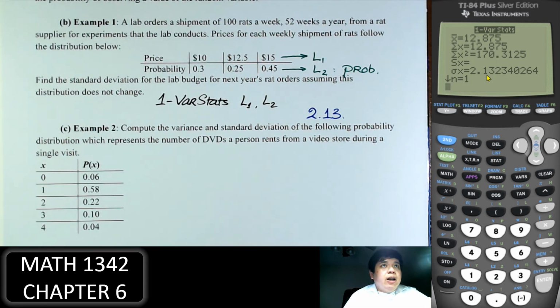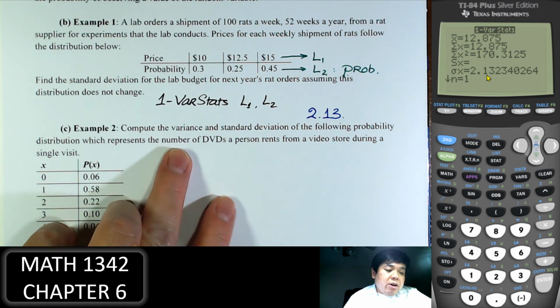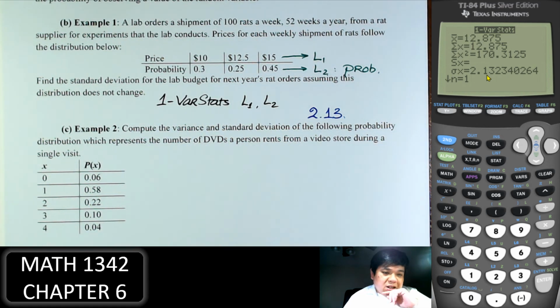Right. Next, we have this example. Compute the variance of the following probability distribution. So the previous one we calculated the standard deviation.